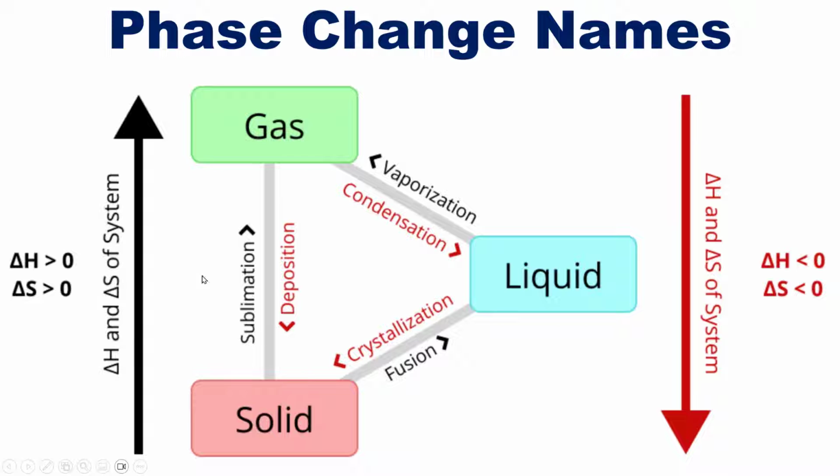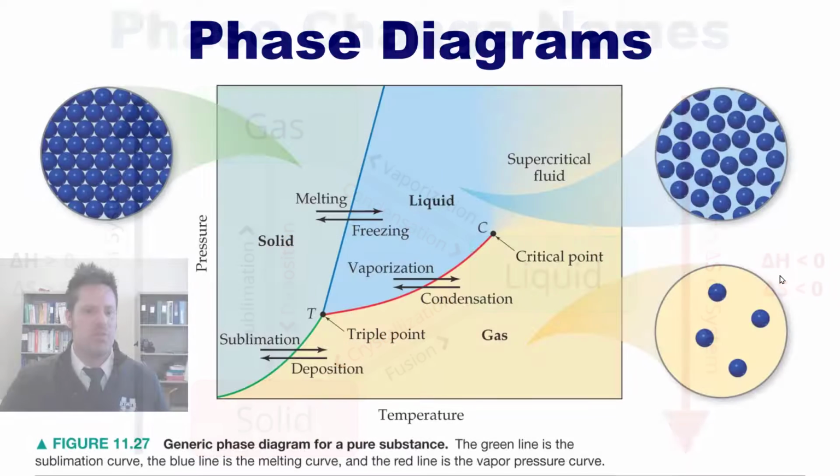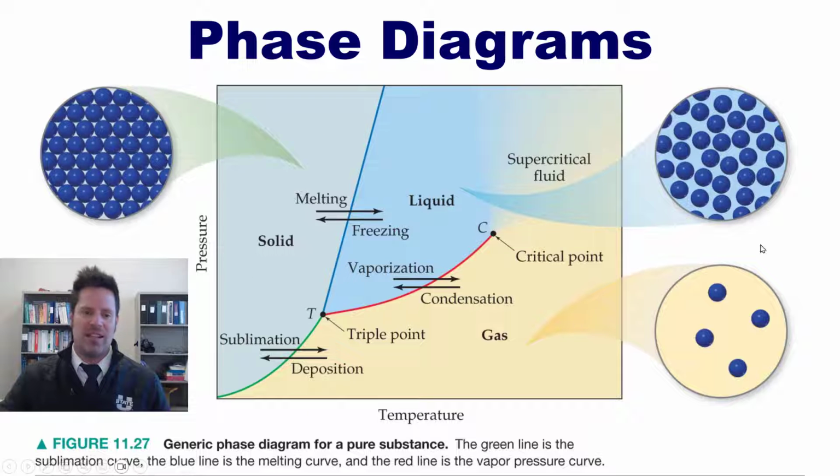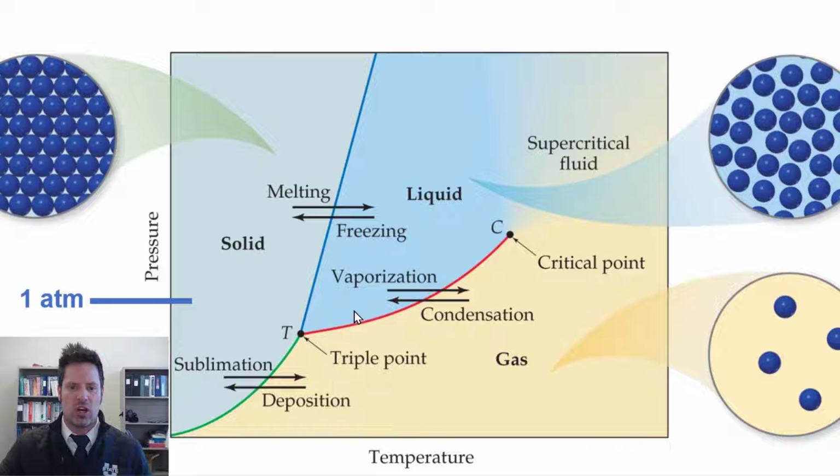In any event, it's very useful to memorize all of the names of these phase change interconversions as we move forward. This is a more detailed phase diagram, again, still looks like a butt, taken from our text referenced in the description below, that we're going to take a few moments to analyze. So the point right here where the red curve is at 1 atmosphere is called that substance's normal boiling point.